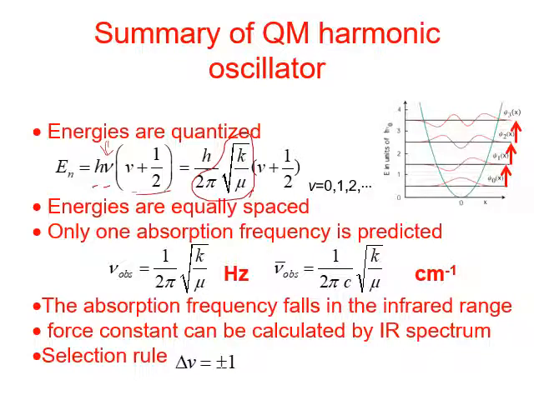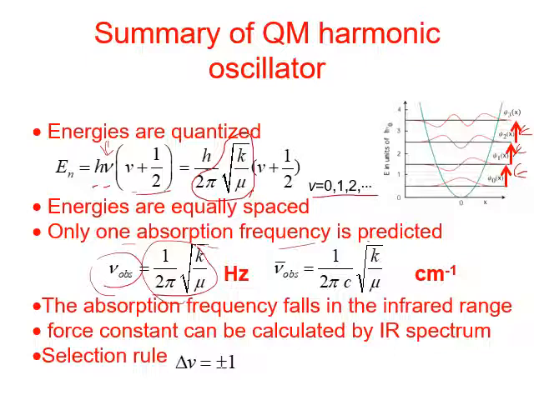V is a quantum number, which can be 0, 1, 2, 3, 4. The energy levels are equally spaced between adjacent levels, and therefore only one absorption frequency is predicted in the infrared range. This is the absorption frequency of the light, and this is the natural frequency of the vibrator.